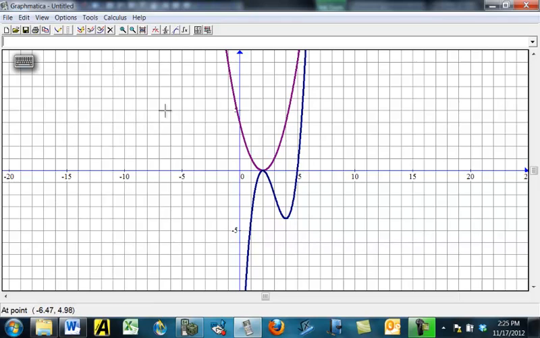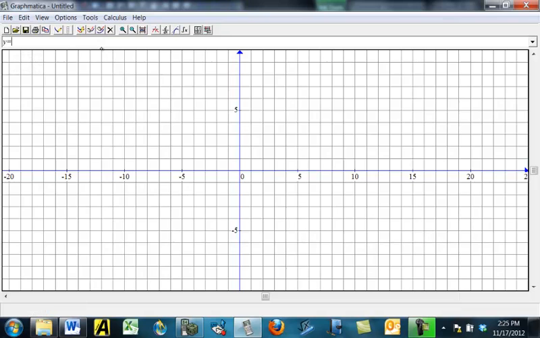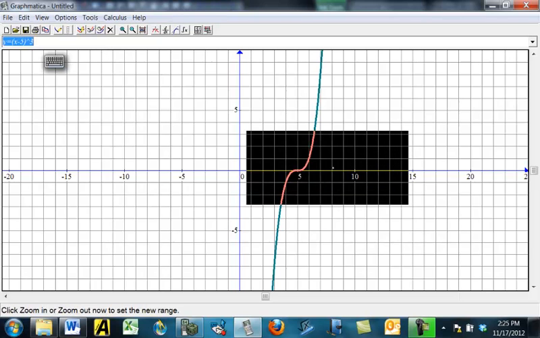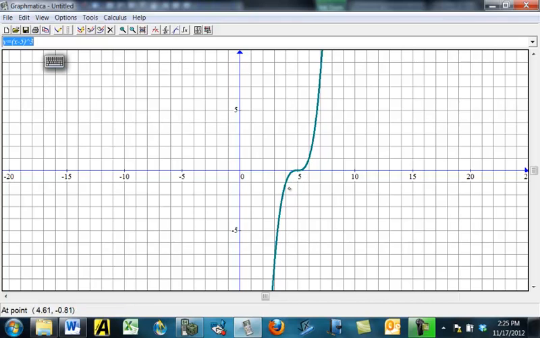Now what happens with the odd power ones? Well, let's take y equals x minus 5 cubed. Well, we know that that is our inflection point right there. Well, what happens if we put another factor on here, let's say x minus 1?